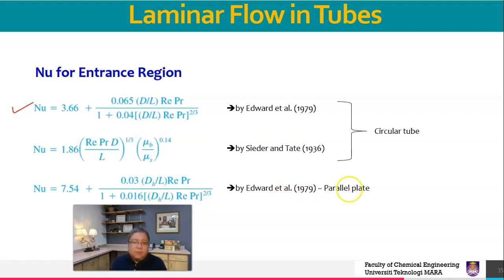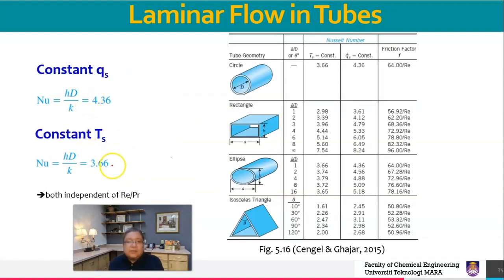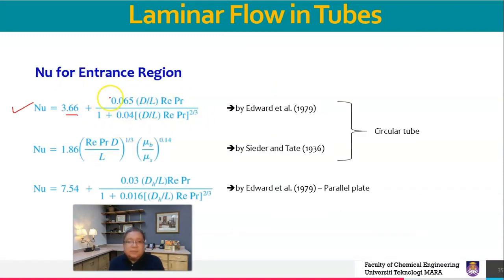But for parallel plate, right? Parallel plate, right? So it's nearly the same with this constant Ts, right? Okay, 3.66. But you have this term plus this one. Okay, that is the entrance region, yes. If you remember back, if you look at this one, okay.